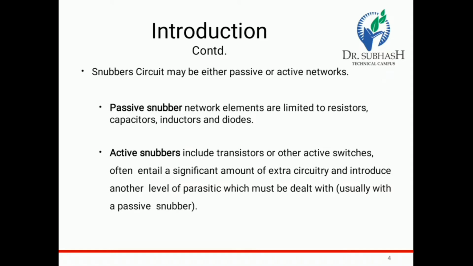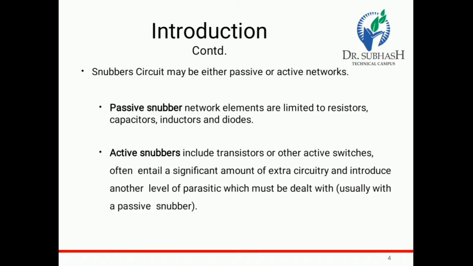A snubber circuit may be either a passive or active network. Otherwise, we can classify snubber circuits as passive snubber circuits and active snubber circuits. In the passive snubber circuit, the network elements are limited to resistor, capacitor, inductor and diodes.